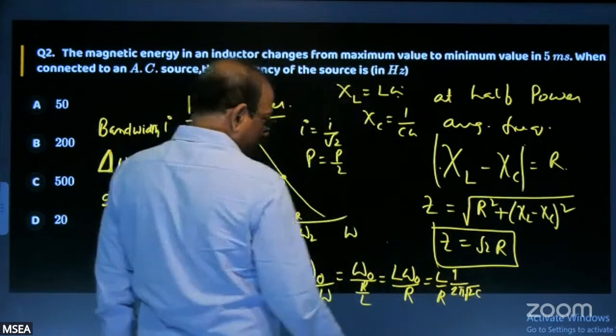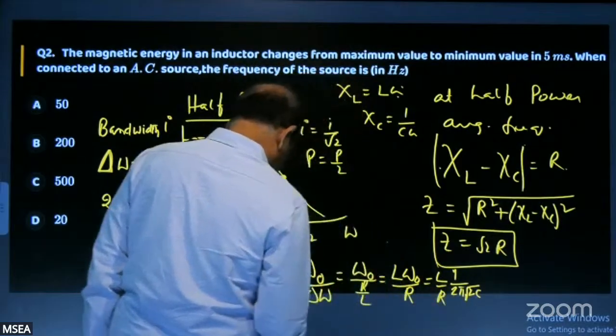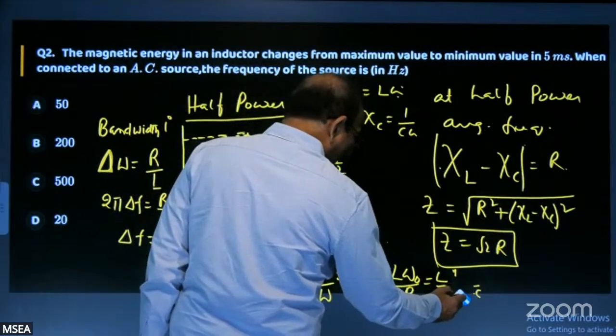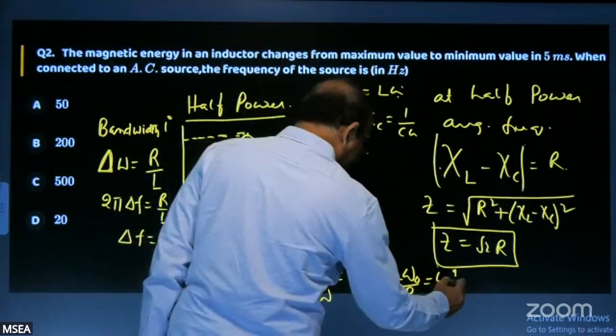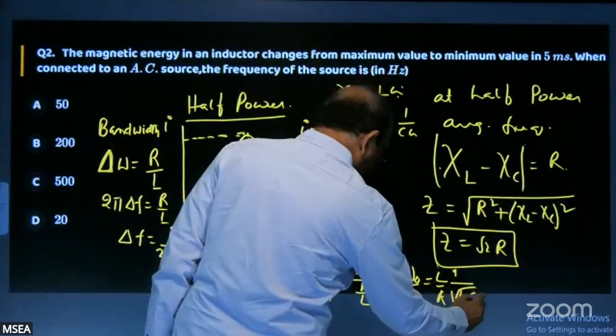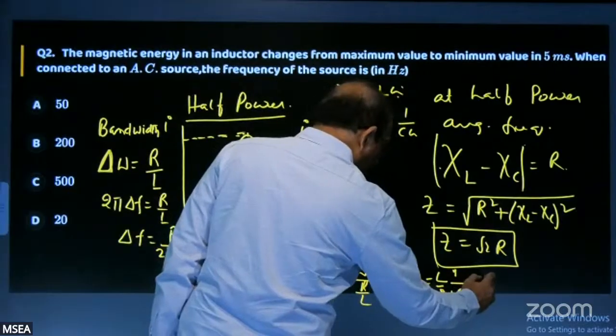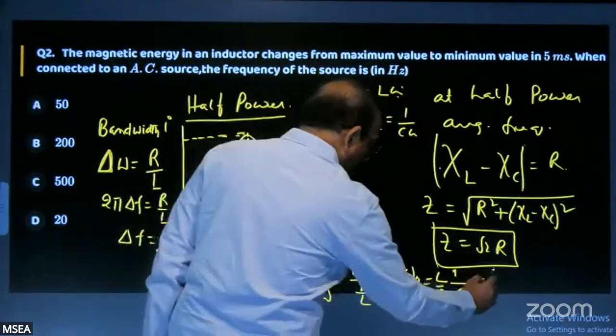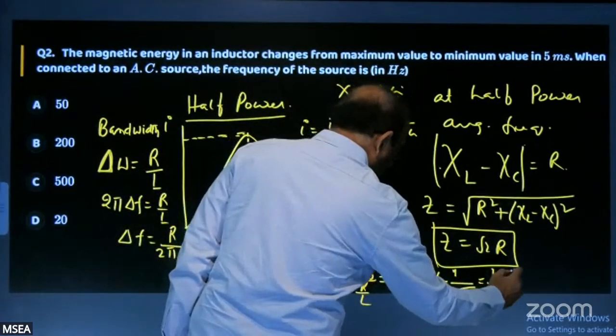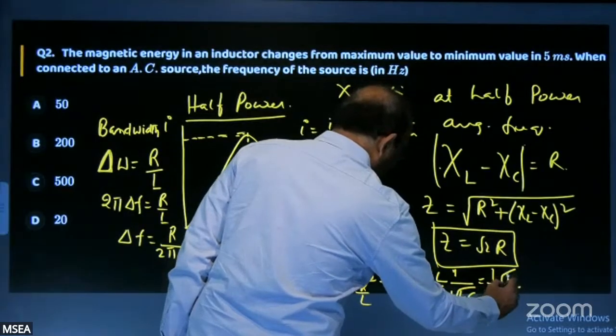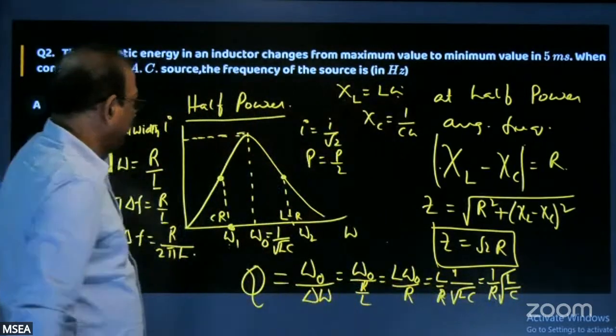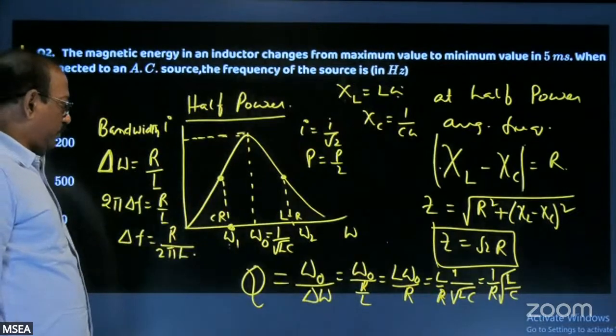Then one root L cancels, and you will get 1 by R into root of L by C. This is the quality factor of the LCR circuit.